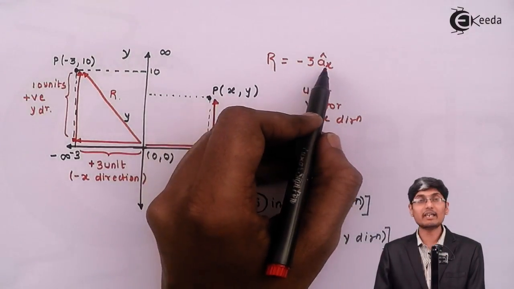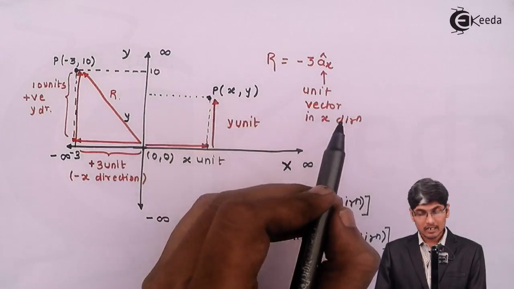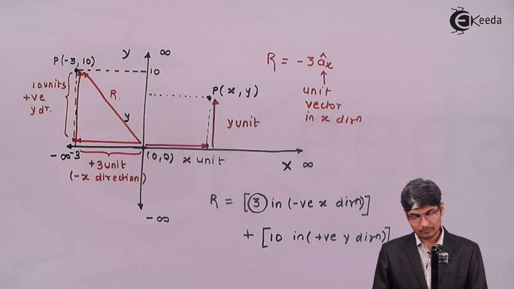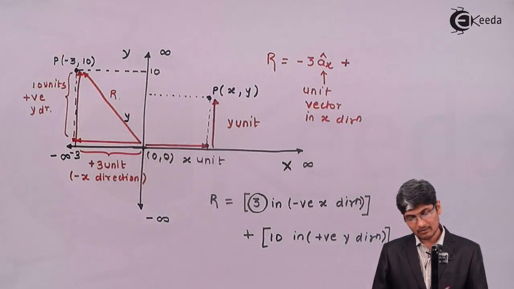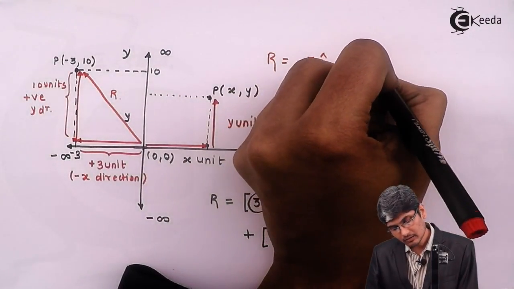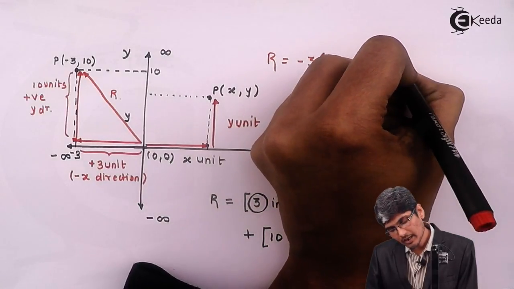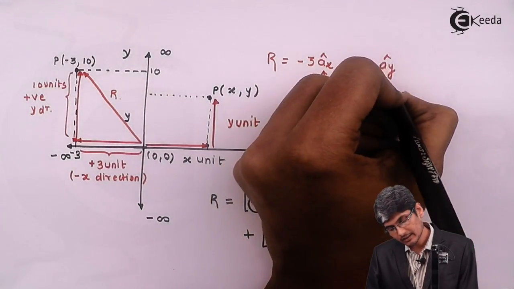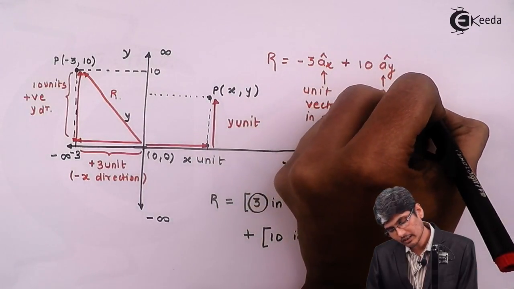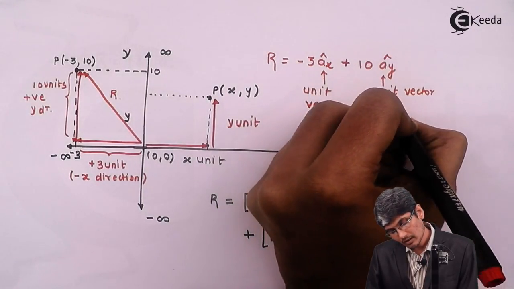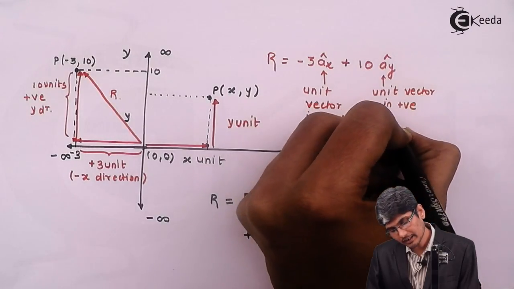So the minus a_x cap will denote the negative x direction, plus 10 a_y cap, where a_y cap is the unit vector in positive y direction.